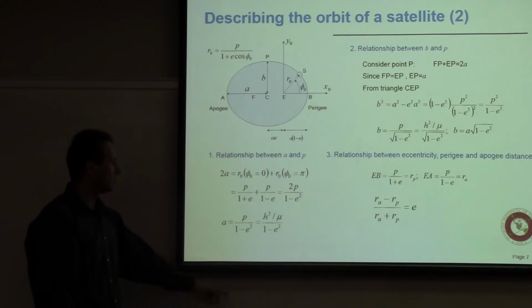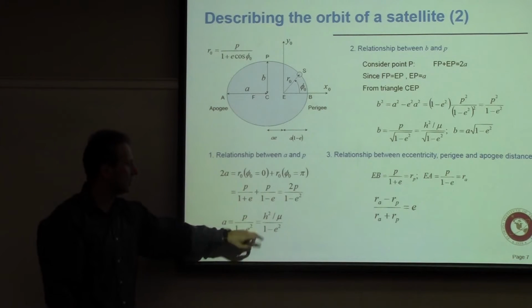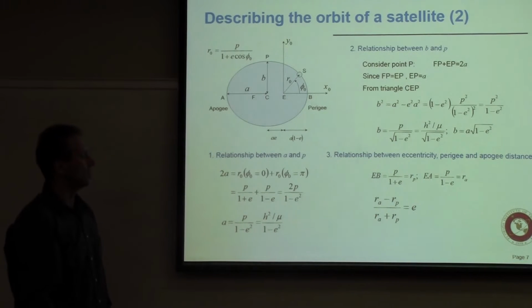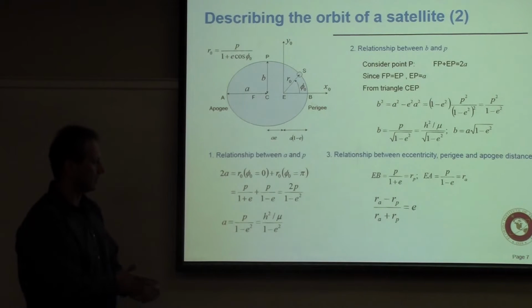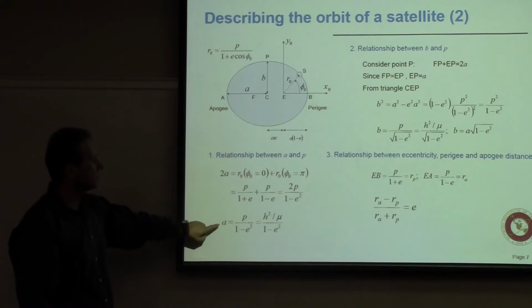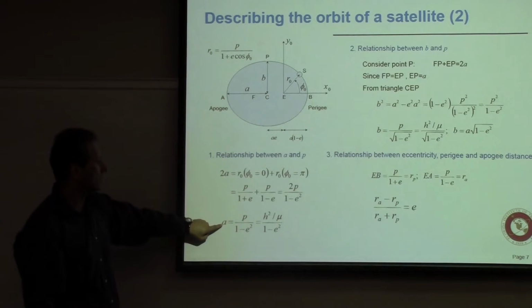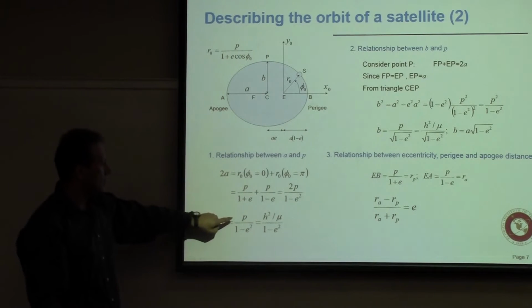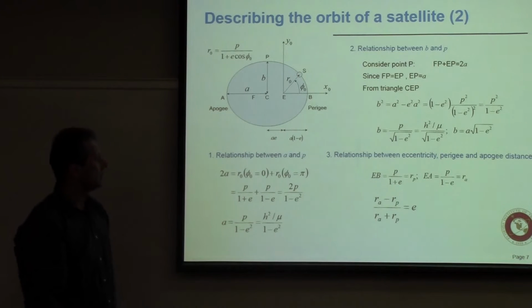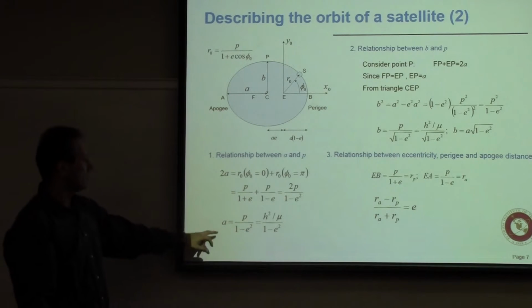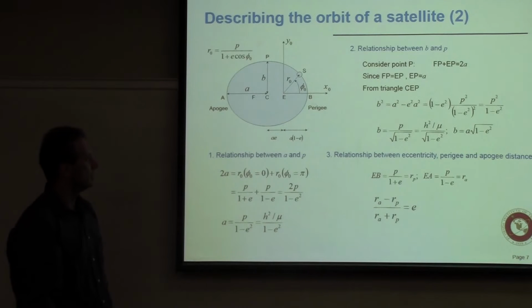Mu is the Kepler's constant, and h is the magnitude of the product of the radius vector and the linear velocity of the satellite. So that's the first relationship that we know, the relationship between your P, A, and E, right? Eccentricity, semi-major axis, and P.